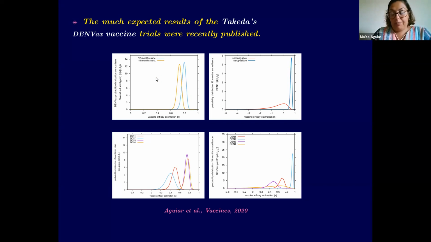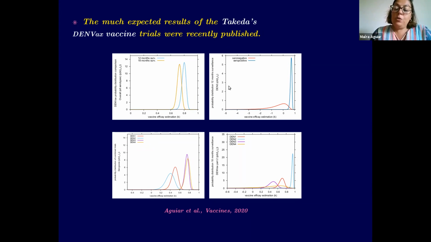A vaccine has to have a minimum efficacy in order to be licensed and implemented. And for the Takeda vaccine, the situation is that as time passes, the vaccine efficacy is decreasing. Therefore, we need to look at this closely and monitor it, in what is called phase 4 of a vaccine trial, to see how it goes.